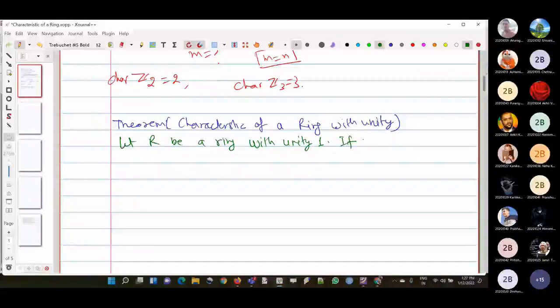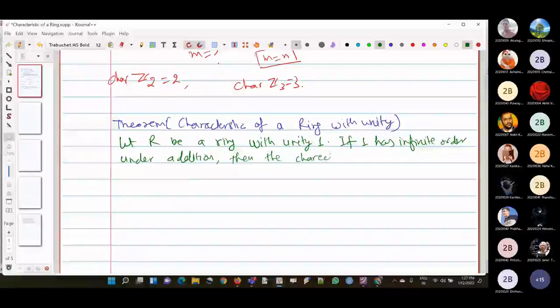If 1 has infinite order under addition, then the characteristic of R is 0.